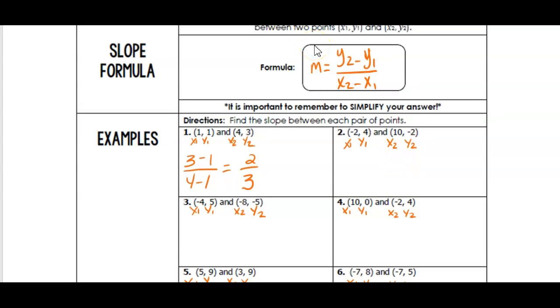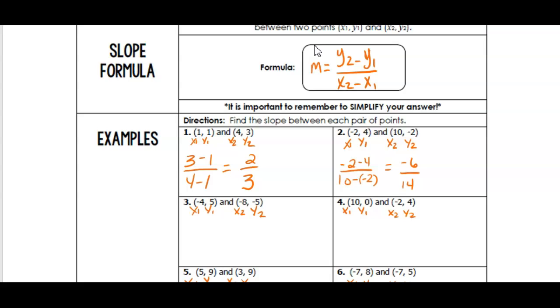So y2 minus y1, so I write this down, negative 2 minus 4 over my x2 is 10 minus, and what happens here is that this is actually going to become a negative because it's minus a negative 2. So I end up at negative 6 over 10 plus 2, sorry. 10 plus 2, I don't know where I got the 4 from.